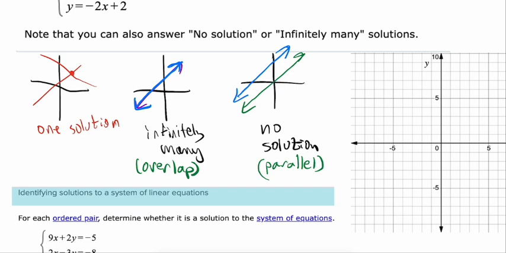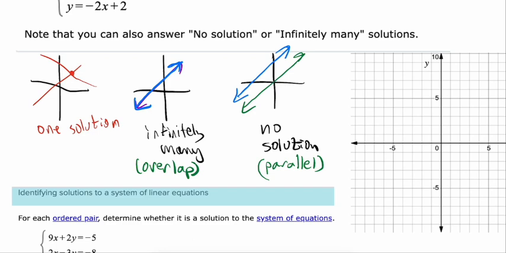Okay, so graphically, if you look at a system of linear equations, there's really three options. They'll cross at a point and your answer would be, like, the point (2, 7) or whatever the case may be. They overlap, so there's infinitely many points that they overlap, or there's no solution. It means that they're parallel, they never touch.